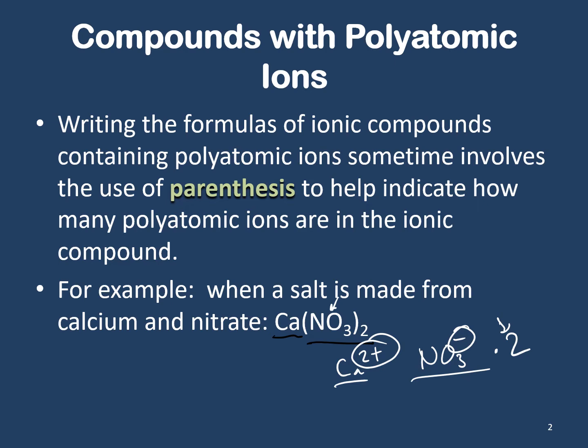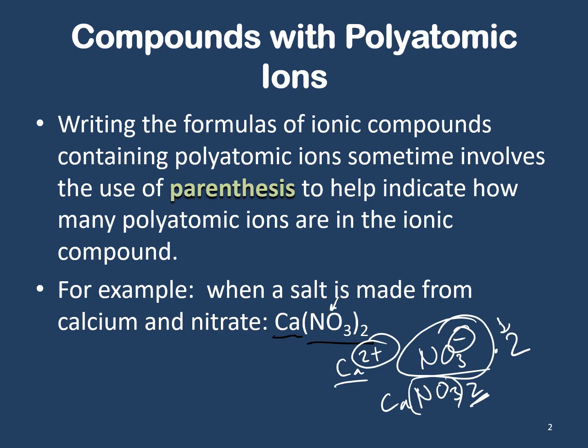Now, if I do that, it's very tricky because if I don't use parentheses, I'll write something like this, and this isn't what we want, right? We want 2 nitrates, not 1 calcium, 1 nitrogen, and 32 oxygens. So in order to get the correct formula and make sure we are only having 2 nitrates, we put parentheses around the nitrate and the 2 on the outside to show that we actually have 2 nitrate ions in this ionic compound.